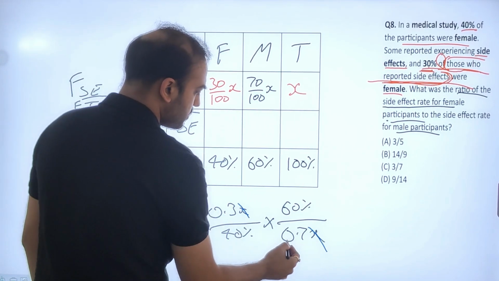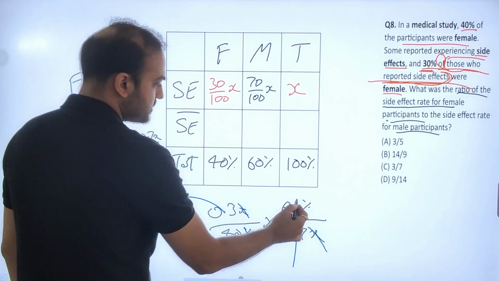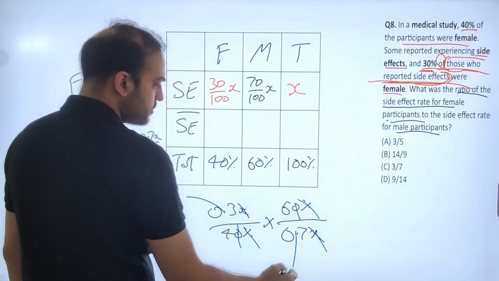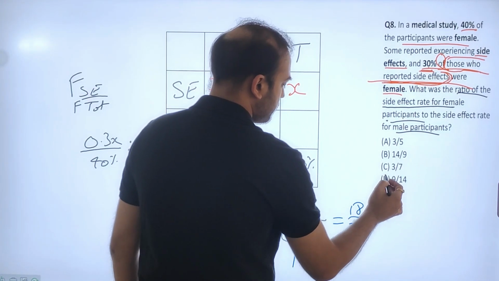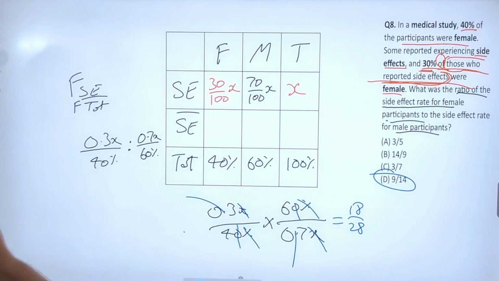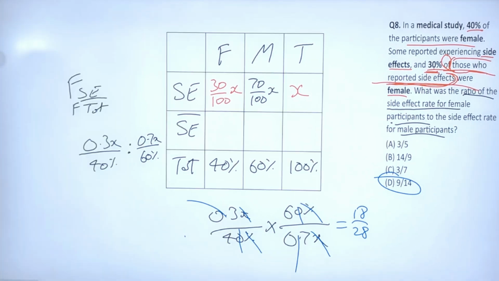X cancels out, decimal gone. Percentage cancels out, that's 0 cancels out, that's 18 by 28, which is 9 by 14.